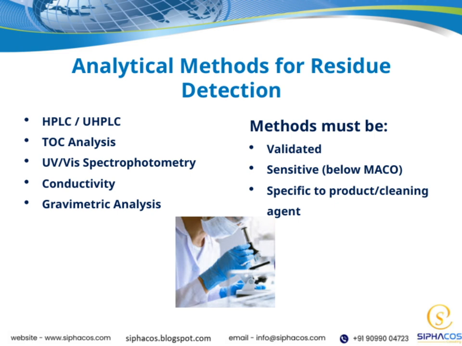Conductivity measurements can indicate the presence of ionic residues, and gravimetric analysis involves weighing residues directly for quantification. All these methods are part of our toolbox for ensuring that residues are within safe limits, maintaining product quality and safety. Connecting this to the overall theme, it's about choosing the right, validated method to accurately monitor and control residues in our processes.